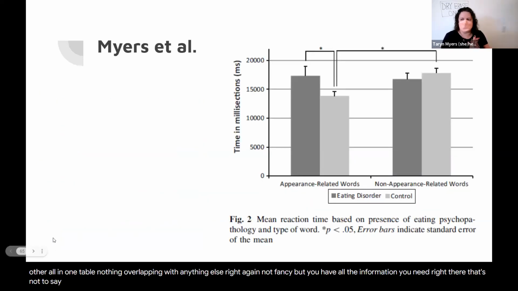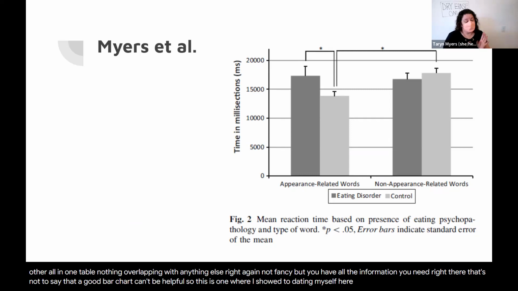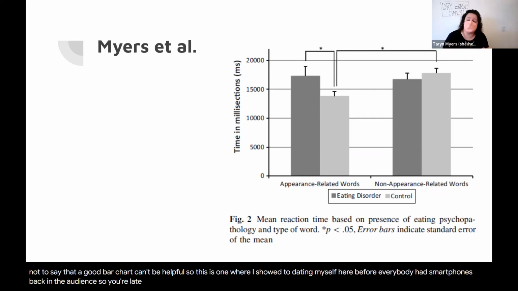That's not to say that a good bar chart can't be helpful. So this is one where I showed, dating myself here, before everybody had smartphones, back in the aughts, the early 2000s, we would pass out Palm Pilots for our studies.